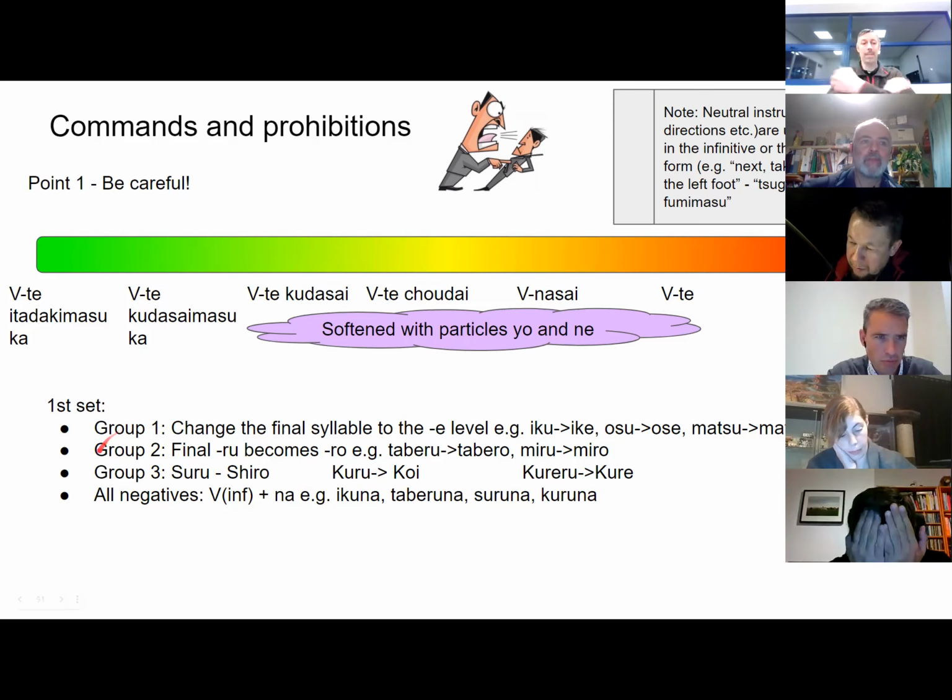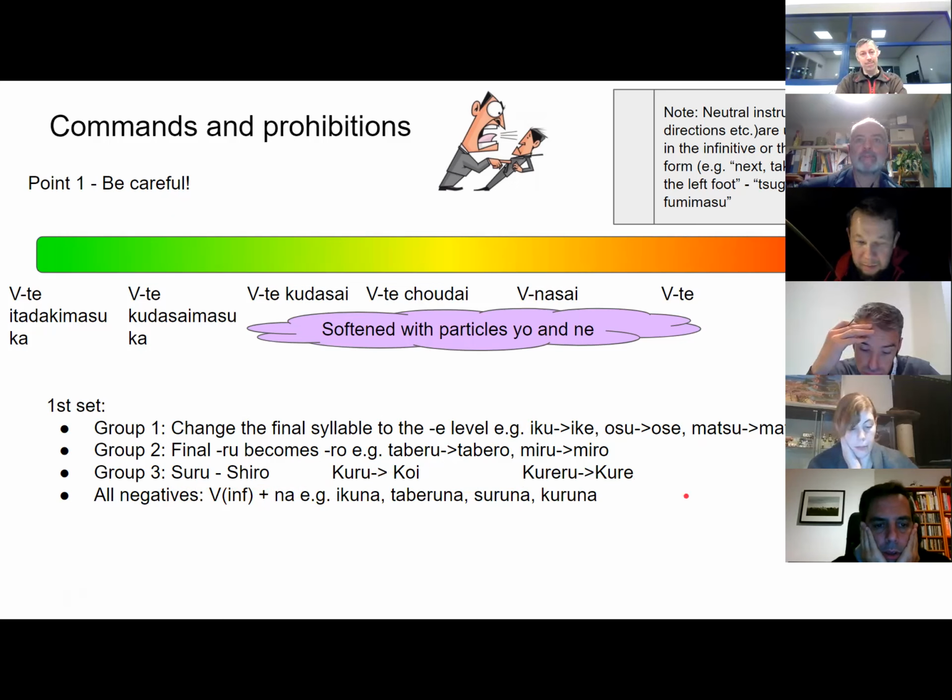These three here are affirmative commands. This is a negative. This is saying don't do this. This is a negative command. So in this, a danger zone. Good to go.